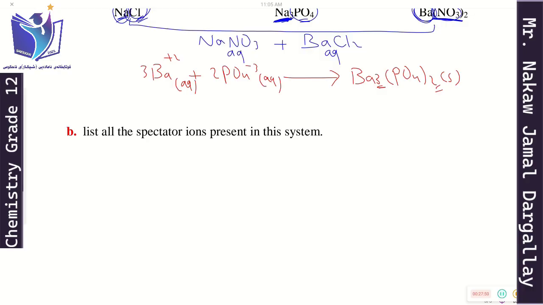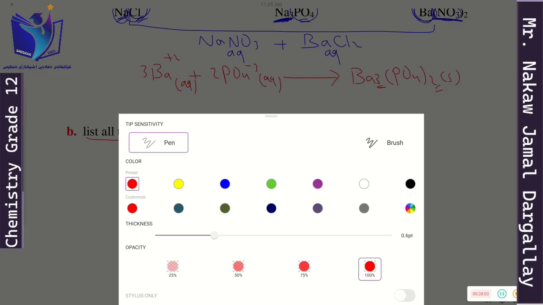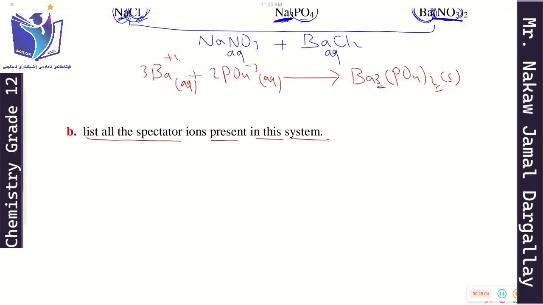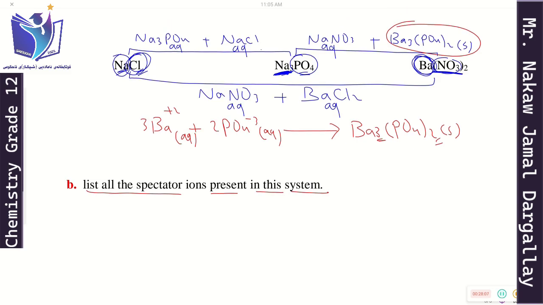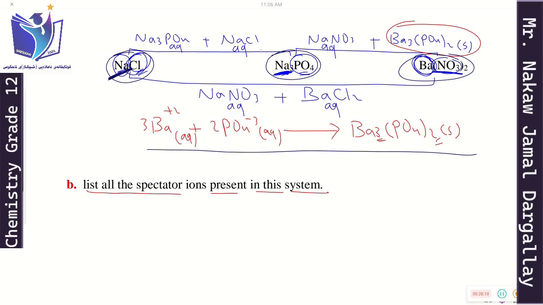B. List all the spectator ions present in the system. The ions that do not appear in the net ionic equation are spectator ions, found by comparing the salts with the net ionic equation. Look, Na does not appear in the net ionic equation, so Na is a spectator ion. Cl does not appear in the net ionic equation, so Cl is a spectator ion.